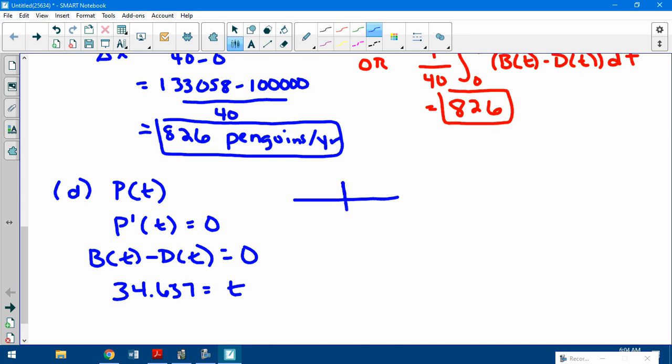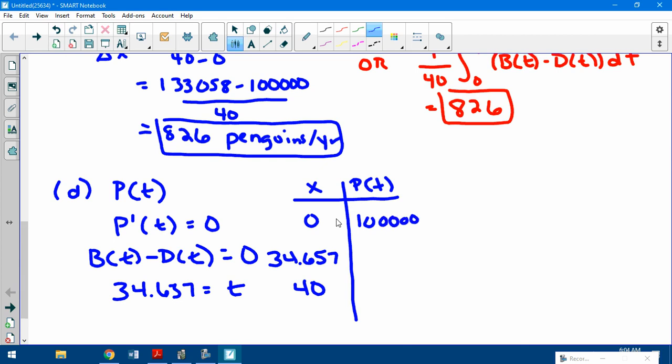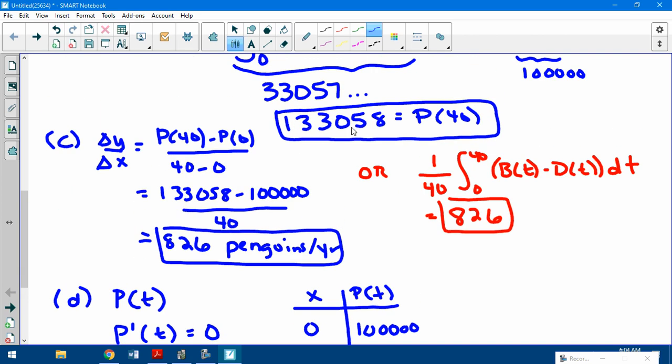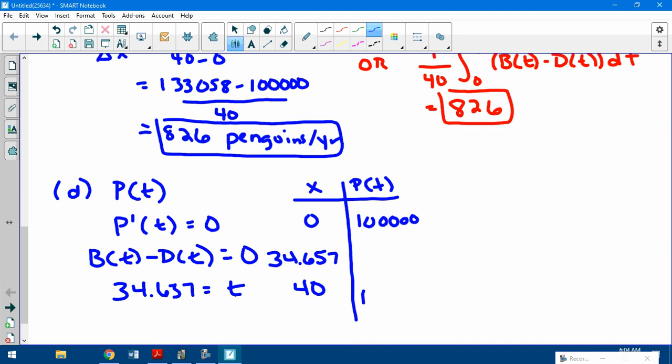To find out exactly where, though, we have to make a table. And we do the critical value we just found, 34.657, and we also do the endpoints, 0 and 40. Now the population at 0, I already know, that was 100,000. Population at 40, we found in part B, that's 133,058.